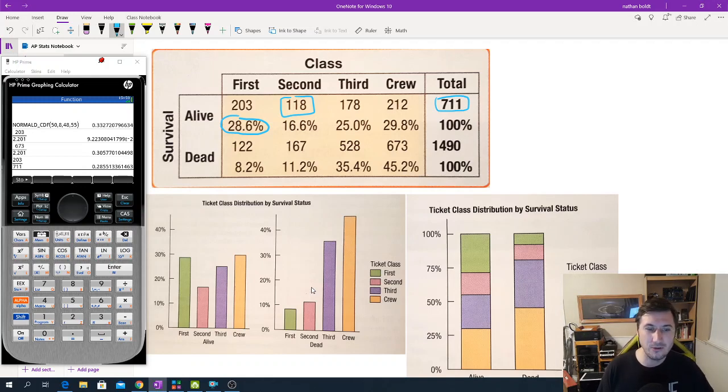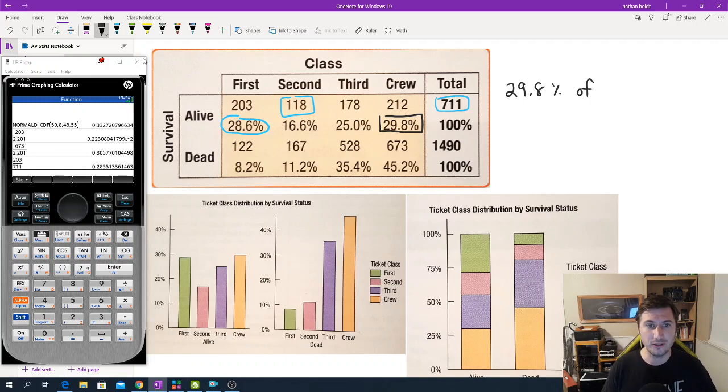So how can we interpret one of these percentages? Let's go with the 29.8%. What does that mean? 29.8% of, so now I'm not doing the entire Titanic.